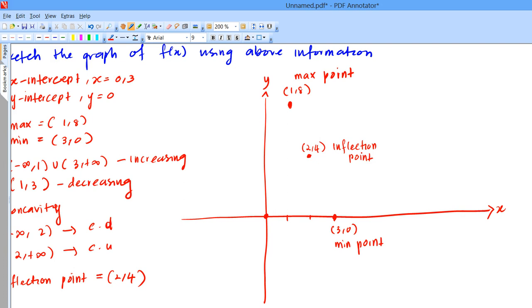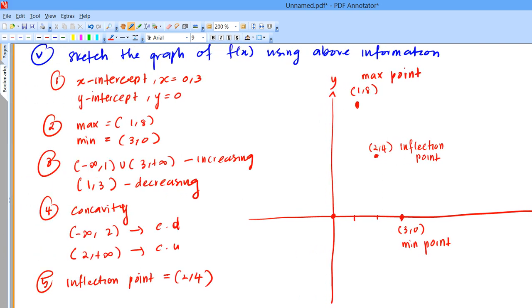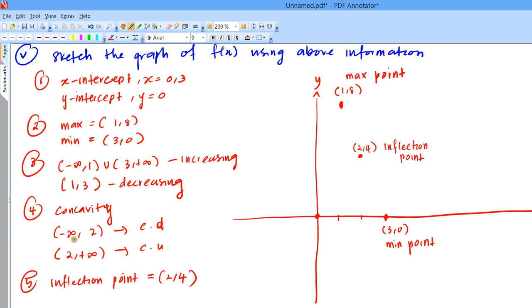And then, okay, to draw this based on the information we have: concavity from negative infinity to 2 is concave down, and then 2 to positive infinity is concave up. And then for increasing, the function is increasing from negative infinity to 1, so this graph is increasing. Actually you can draw based on these points.